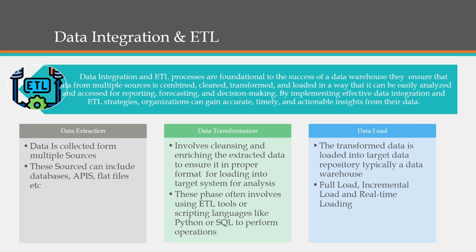This phase often involves using ETL tools or scripting languages like Python or SQL to perform operations. In data loading, the transformed data is loaded into the target data repository, typically a data warehouse. Three types of loading are full load, incremental load, and real-time loading.